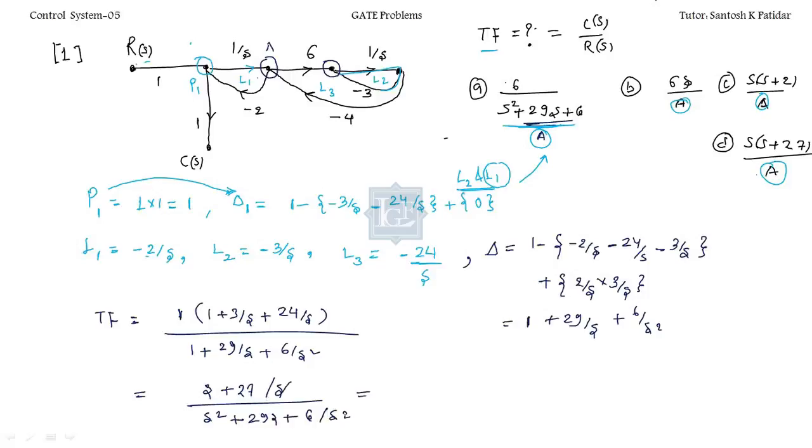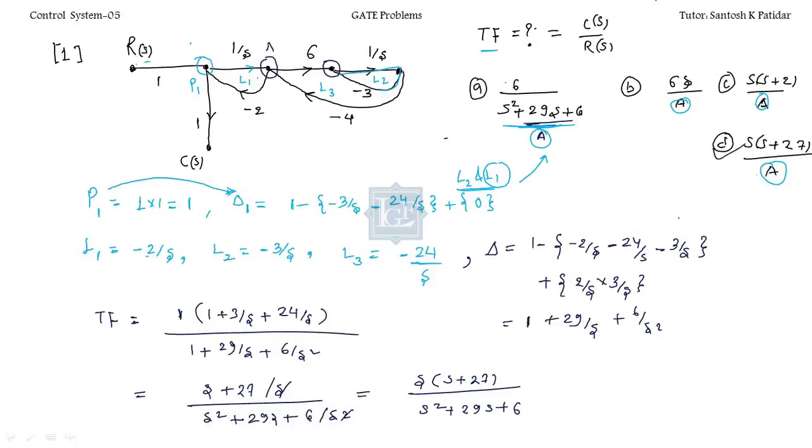One S will cancel, and the other S will go up. Finally you have S plus 27 divided by S square plus 29S plus 6. Do we have S plus 27 in the options? Yes, option D is correct over here.